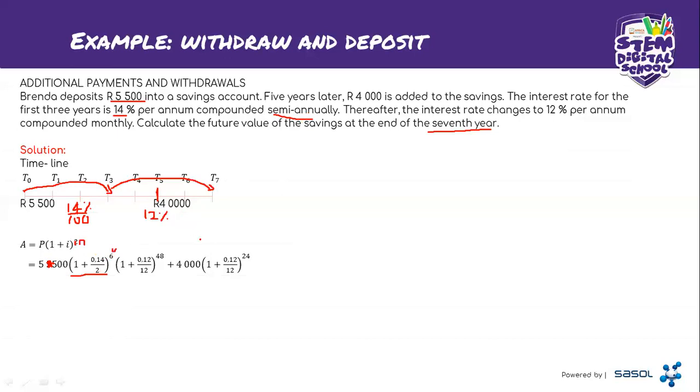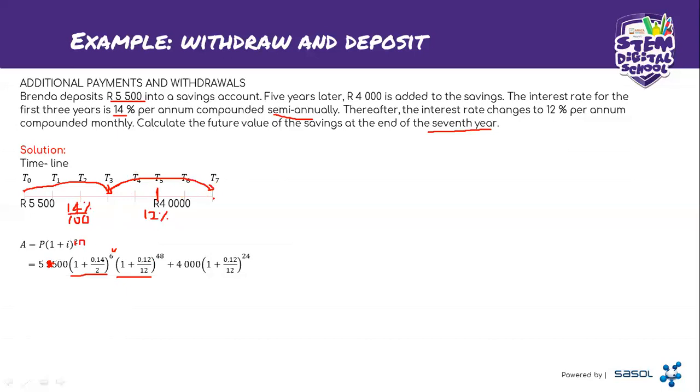All right, then let's go to the other bracket. After these 3 years, the interest rate changes to 12%. So we take the remaining years, which is 4 years.